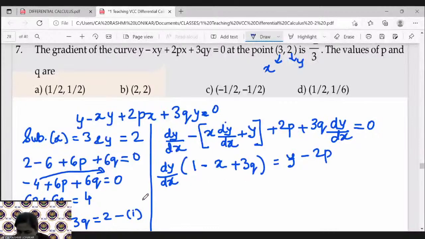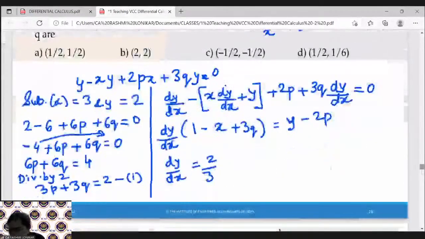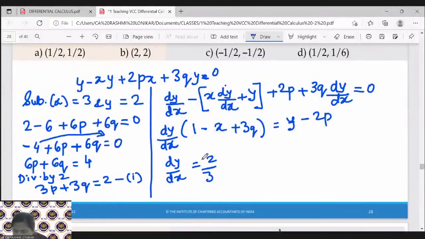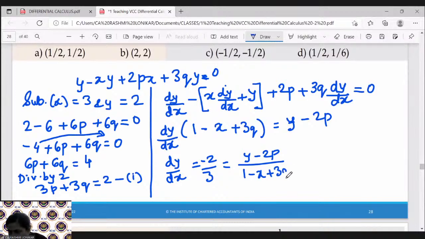So dy by dx is equal to 2 by 3. Dy by dx is 2 by 3 because they've given it in the question, right? Minus 2 by 3. So this is minus 2 by 3 is equal to y minus 2p upon 1 minus x plus 3q.